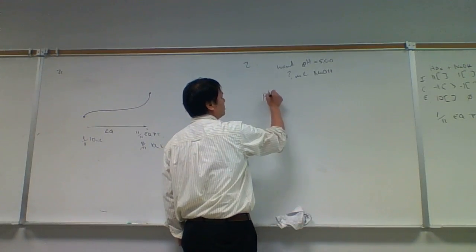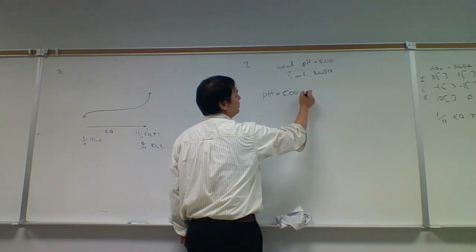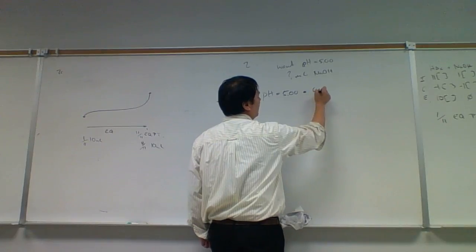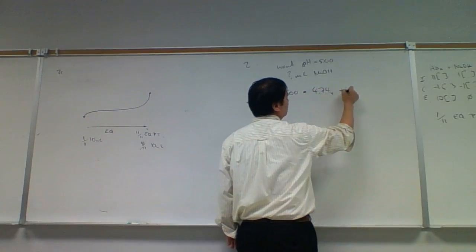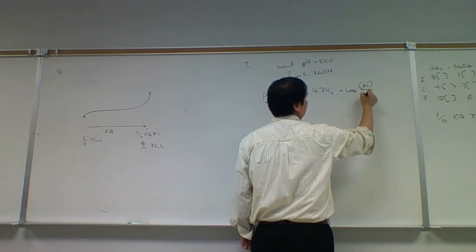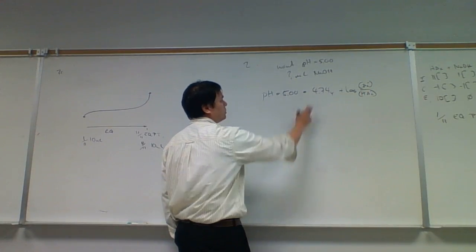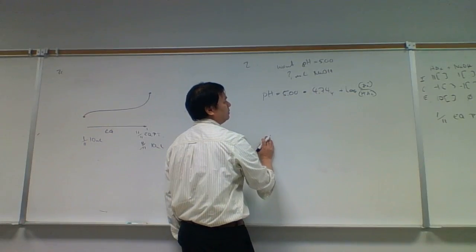And so this is a Henderson-Hasselbalch problem. So pH, we want it 5.00. This is going to equal the pKa 4.74 plus the log of the acetate to HAC ratio. Subtract that from both sides.